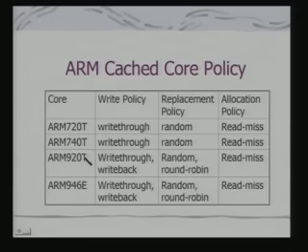If you look at ARM 920T, you have an option of write through as well as write back, random and round robin. A similar thing is true for ARM 946E. Some of the advanced ARM, ARM 10 and 11, also have read-write allocation options. Now, these are actually options which are to be selected for the purpose of cache implementation, and these are available as part of the core policy.